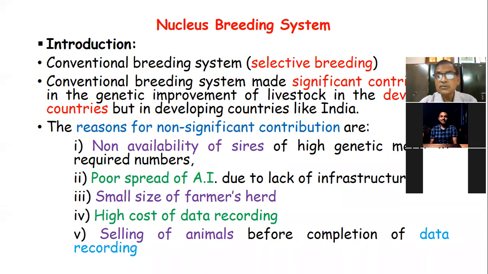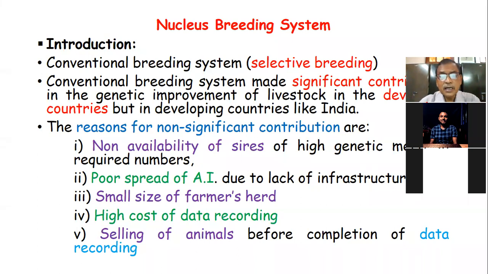Our farmers are not able to maintain this data. So for data recording, you have to engage enumerators, and for improvement of a particular breed, you have to engage a large number of them. That is a costly affair, so the cost of data recording is high. Even then, the data may not be very authentic at the farmers' herd level.